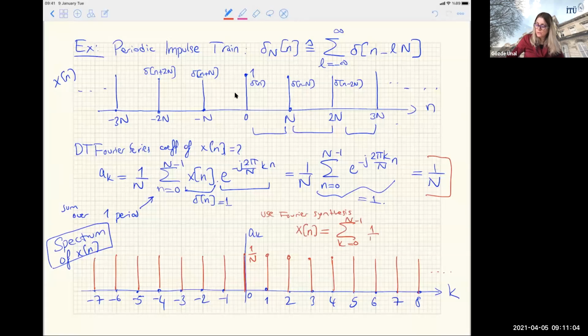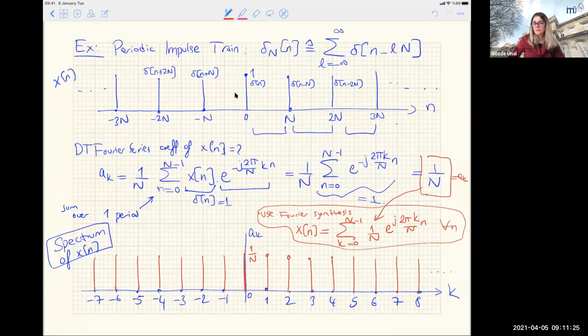Now AK were 1 over n e to the j 2 pi k over n, right, for all. This could be deduced from what we've just done, inserting AK here. This was AK, remember. This is another representation for the periodic impulse train, delta n.